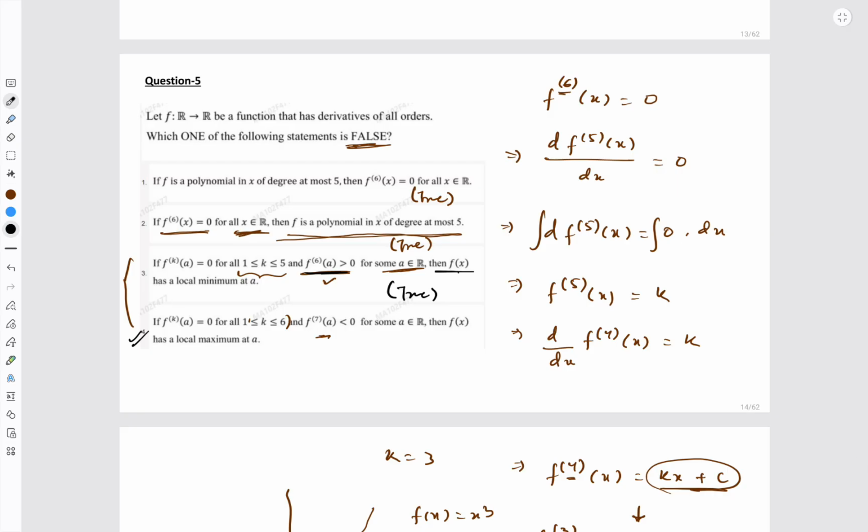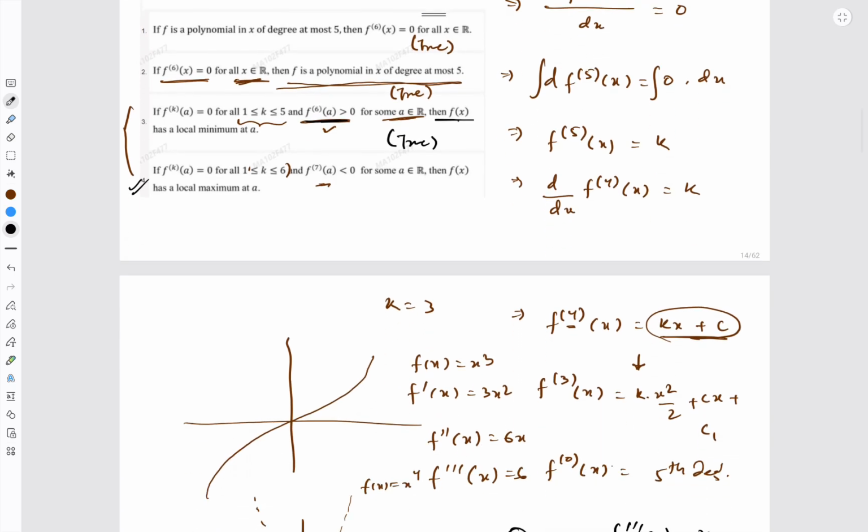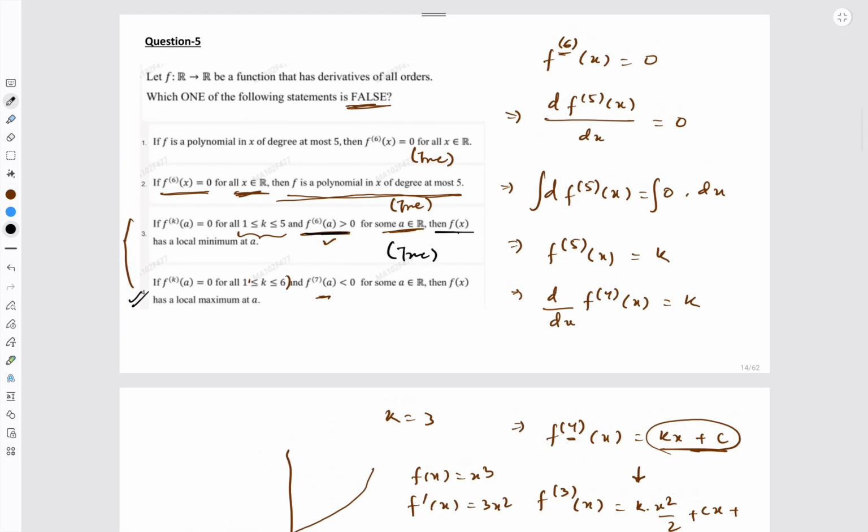So you can skip to question number 6 if you have understood this, but for the people who are more curious, I'll solve some more things. For the people who are staying here, you can argue one thing: this function can be any function. For option elimination, I need only one example to eliminate an option, but to prove that an option is true, I have to prove it for every function.